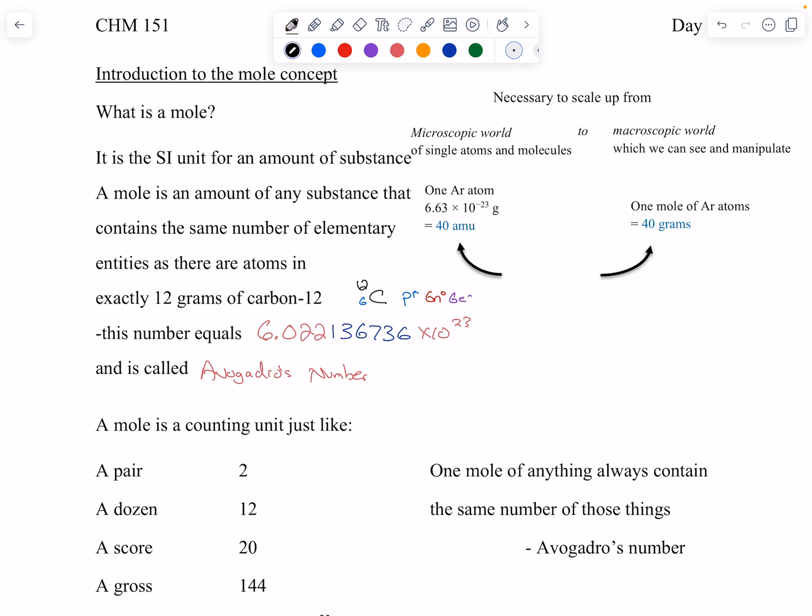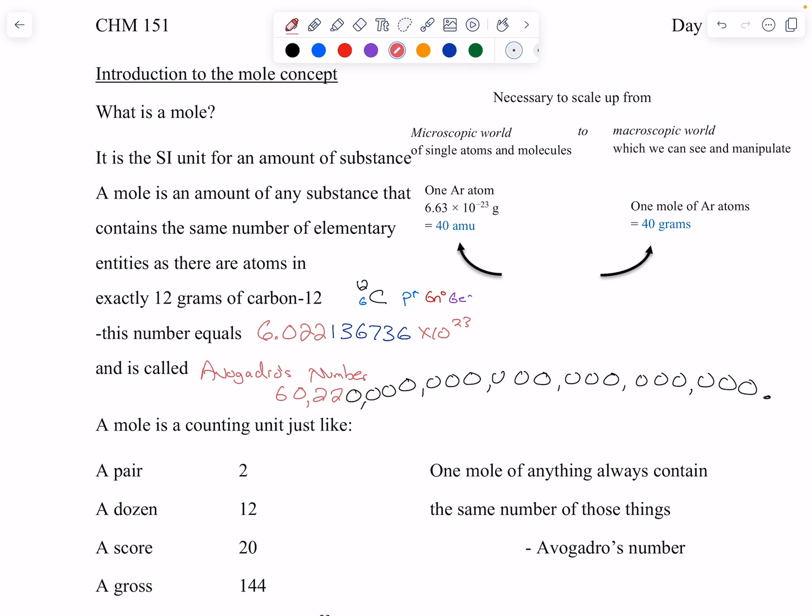So if you look at that, 1, 2, 3, 4, 5, 6, 7, 8, 9, 10, 11, 12, 13, 14, 15, 16, 17, 18, 19, 20. 3, 6, 9, 12, 15, 18. That's how big that number is. It's a huge number, okay?